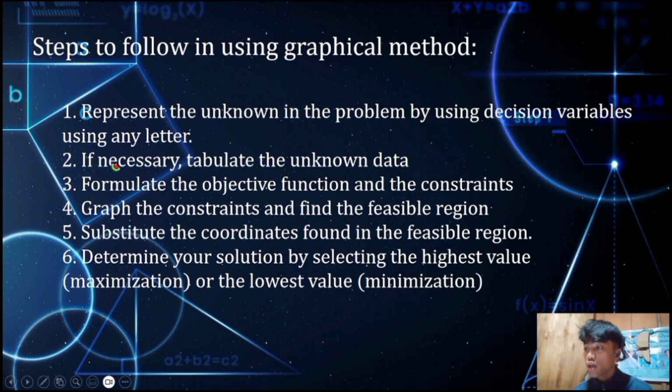Number two, if necessary, tabulate the unknown data. Three, formulate the objective function and the constraints. Four, graph the constraints and find the feasible region. Five, substitute the coordinates found in the feasible region. Six, determine your solution by selecting the highest value for maximization or the lowest value for minimization.